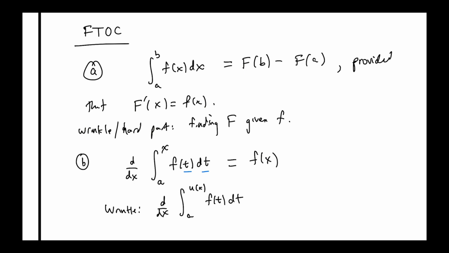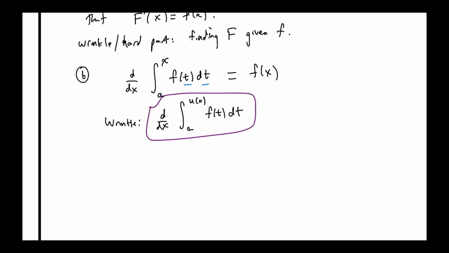Okay, and let's talk about the one wrinkle that we haven't yet, which is this. So what about if the thing at the top of the integral was not just x, but rather some function of x? Okay? So here's kind of my thought process.